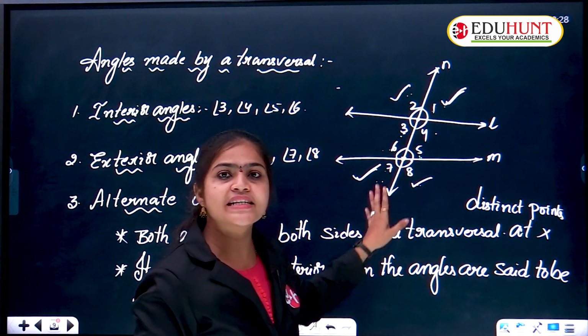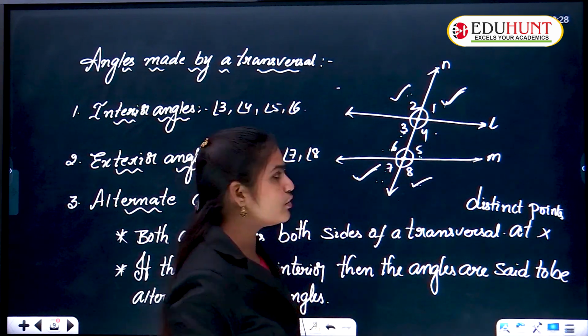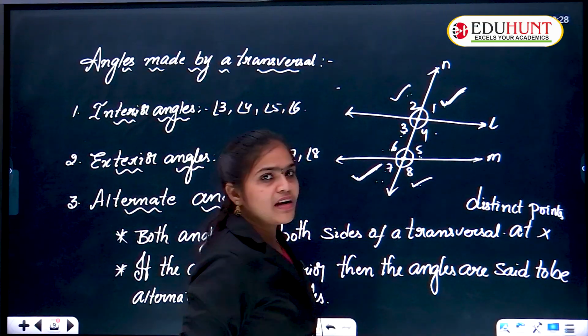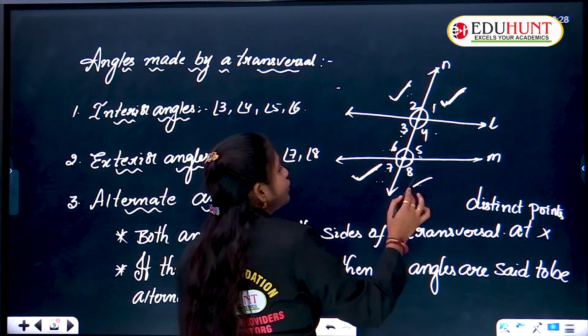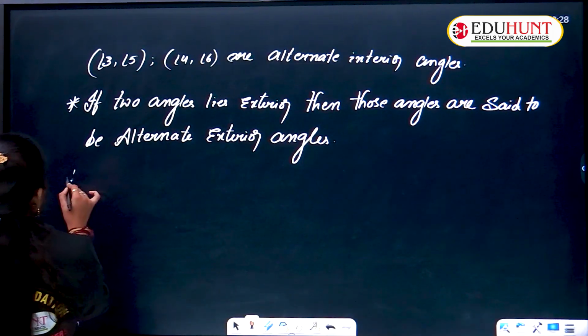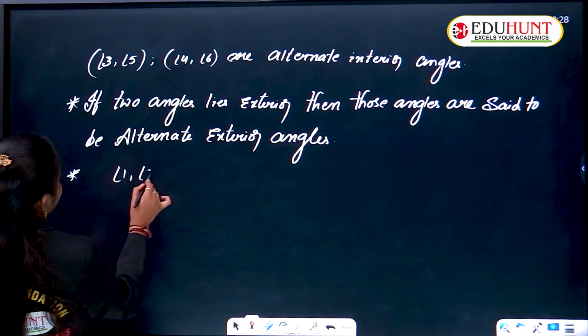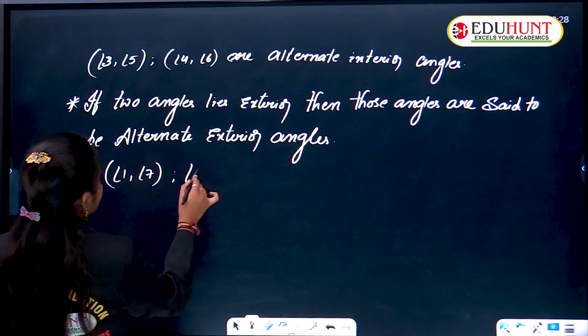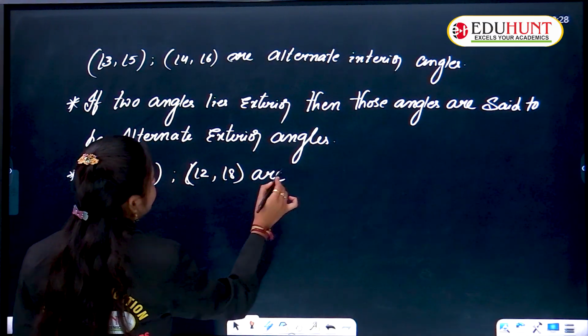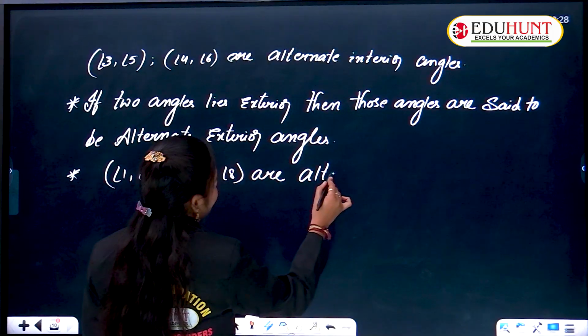Then are all the conditions satisfied or not? Yes, of course. Then which angles are alternate exterior angles, ma? Angle 1, 7 and angle 2, 8. Understood? Angle 1, 7 and in the same way angle 2, angle 8 are alternate exterior angles.